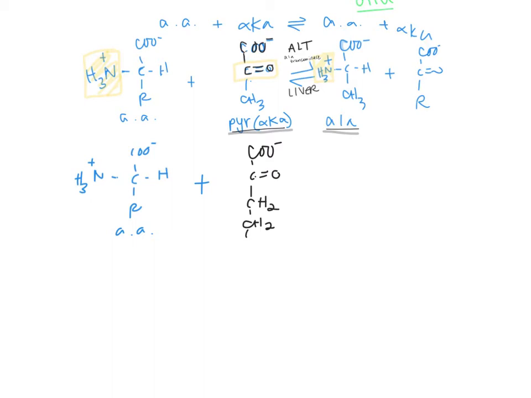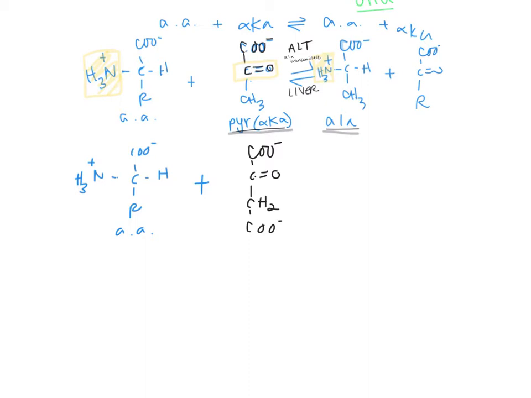And then it's followed up with another carboxylic acid. So oxaloacetic acid is an example of an alpha-keto acid. Pyruvate is 3 carbons. OAA is 4 carbons. And OAA ends in a COO minus.